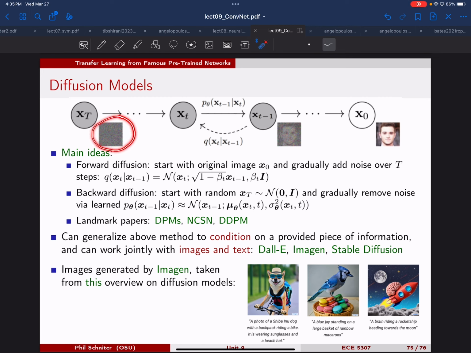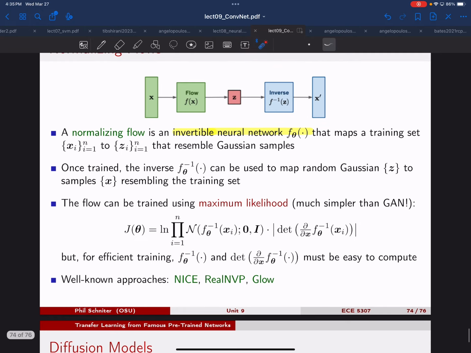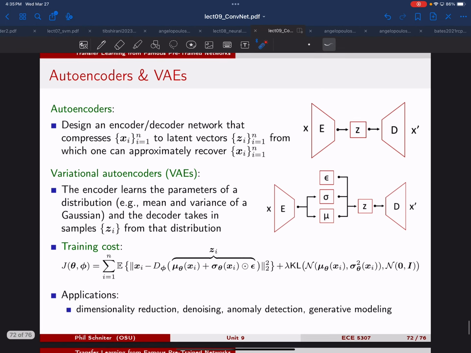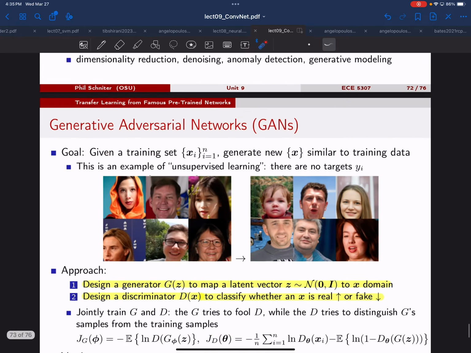You start with, again, a random Gaussian noise image, and you map it to a face. This is exactly what happens here. It's also exactly what happens with GANs as the generator. So they all have that in common.